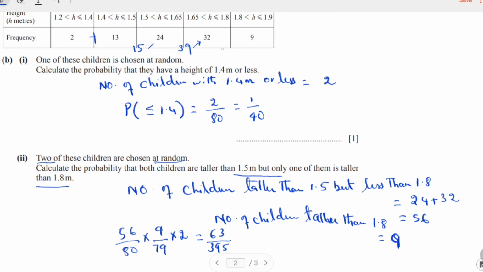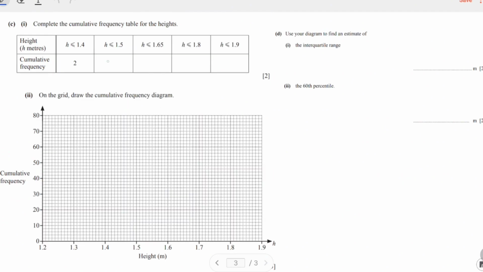Adding this, I get 71, and adding this, I get 80. So now I fill these values here, which are 15, 39, 71 and 80.